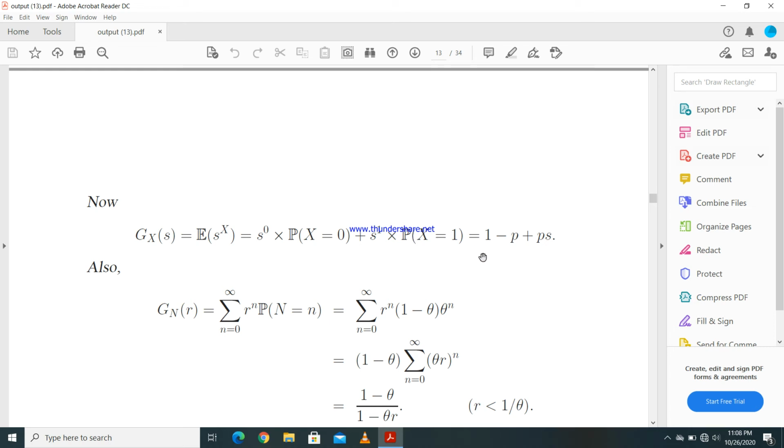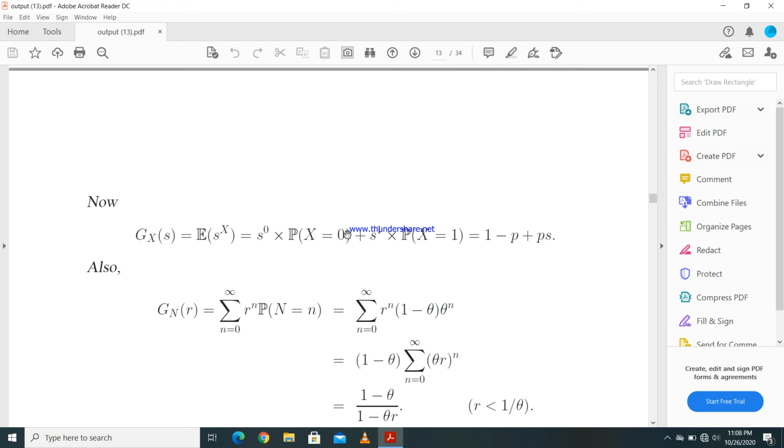So since this is coming from a binomial distribution, s to the power 0 is 1. Probability X equal to 0, right? Probability X equal to 0 means you have 0 successes. So this is the probability of a failure.